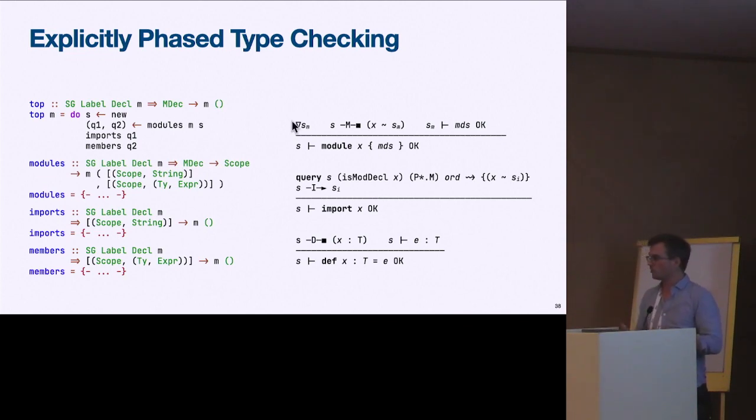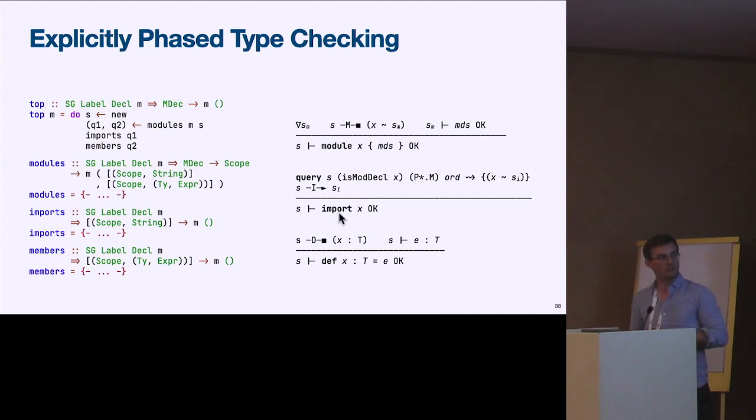By the way, these typing rules are borrowed from previous work that describes this module language. And if in the scope that I'm in, there is a declaration for the X, and if my set of module members are well typed under my module scope, then my module is well typed.